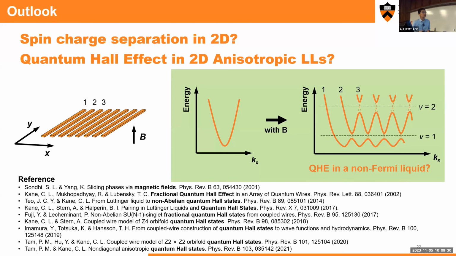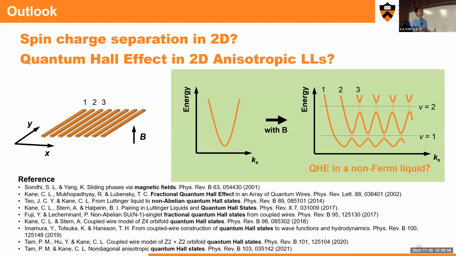The second direction, which I think is very interesting and I am very excited about, is, can we construct the quantum Hall effect based on such a two-dimensional anisotropic Luttinger liquid? And this actually has been pioneered by also our audience and our invited speaker this time. And also, I really appreciate Charlie for a lot of discussion along this direction.